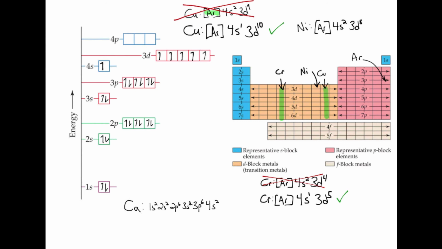And so look out for scenarios like this. It's not just chromium, you've also got molybdenum below it. And it's not just copper, you've also got silver below it. Okay, and so these elements, these what we call s2d9 elements, really should be s1d10 elements. And the s2d4s really should be s1d5s.